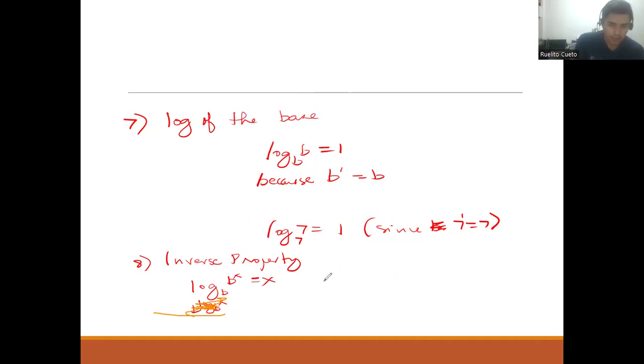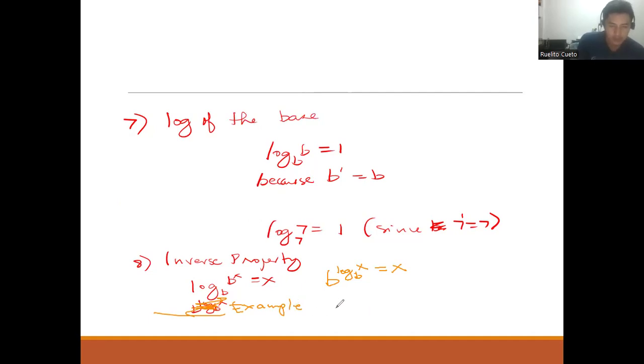Another, I will write it here. So b raised to log of x to the base b is equal to x. So that is for the inverse property. Example.